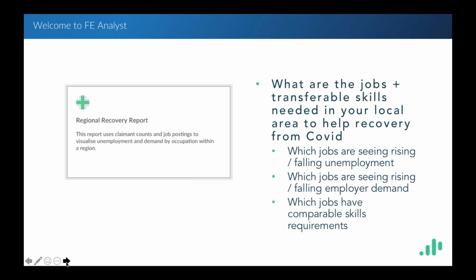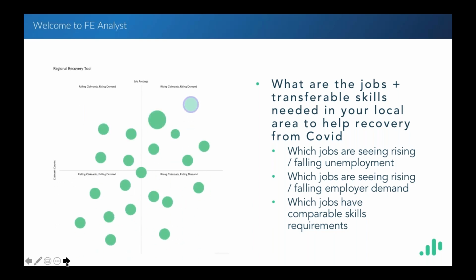And which jobs in your area have comparable skill requirements? So as you begin to plan your reskilling and your re-employment programs, that's going to be based on local data, actual local data on unemployment and employee demand, so that each month you're going to have a picture of how different jobs and how different groups of jobs are changing and how they're trending, and therefore how you can best respond to that.